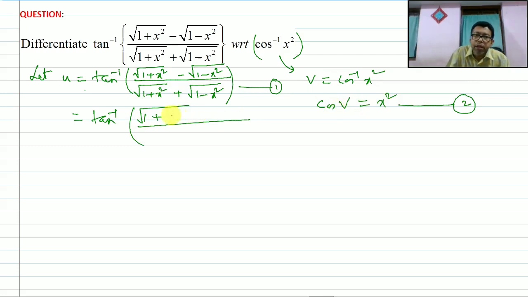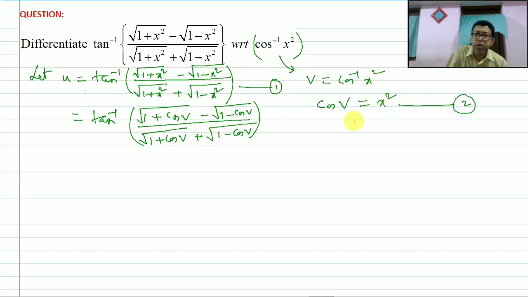X square is equal to cos of v, so write cos of v minus root over 1 minus x square, that is 1 minus cos v, whole divided by root over 1 plus cos v plus root over 1 minus cos v. Why do I write cos of v? Because you have considered v is equal to cos inverse of x square. From this you are getting x square is equal to cos of v. I have just substituted here.